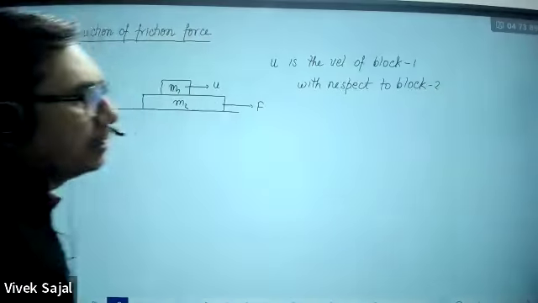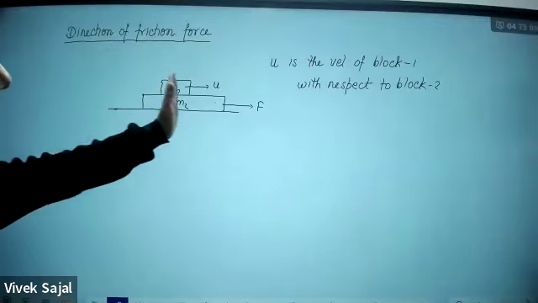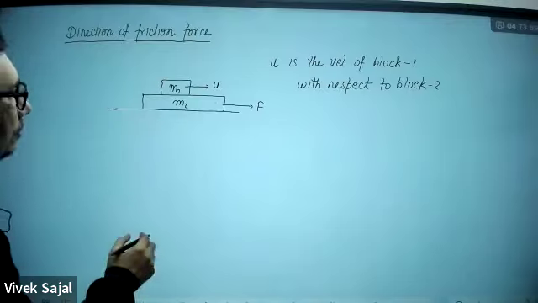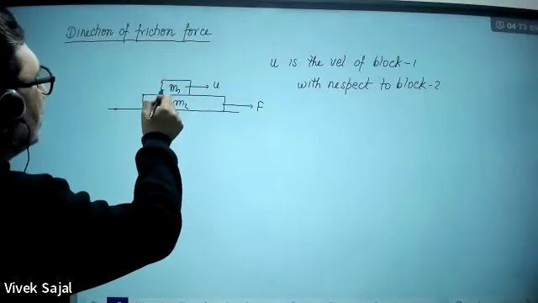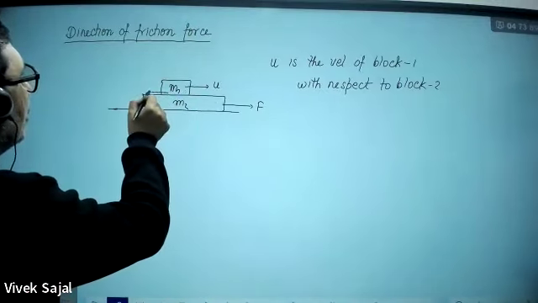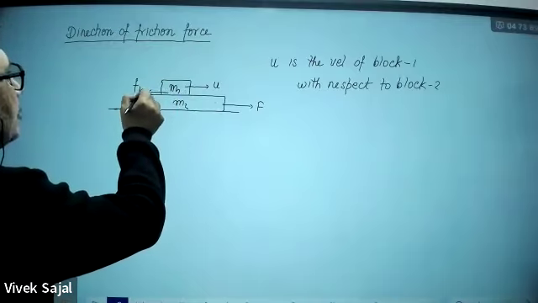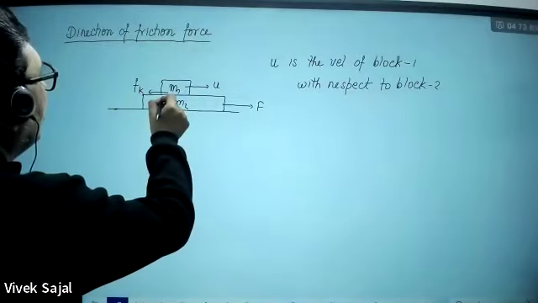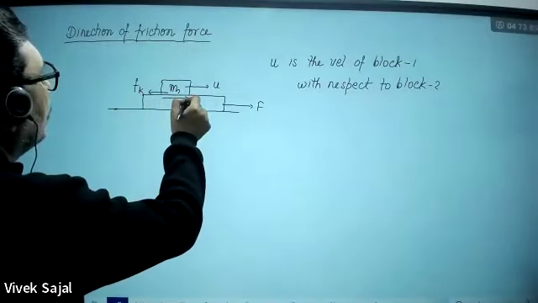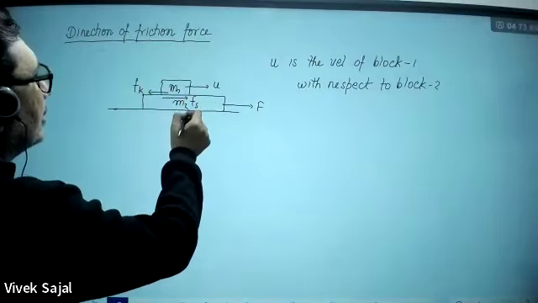So block 1 is moving with respect to block 2 in the forward direction. Then what is going to happen? On this block, the kinetic friction force is going to act in this direction. On the lower block, the friction force will act in the opposite direction.